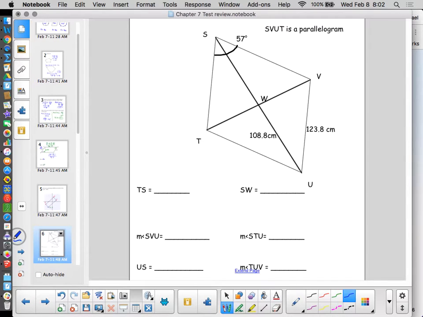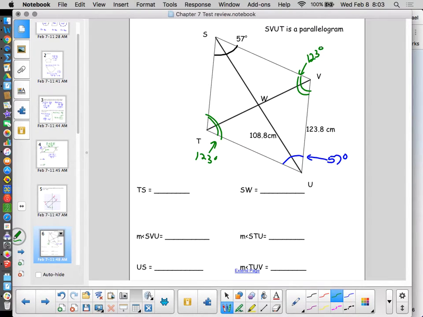I know this angle is 57, which means the opposite angle must also be 57 degrees. How about this angle then? What's this angle going to have to be? 123 degrees. Okay, and this angle is going to have to be 123 degrees.